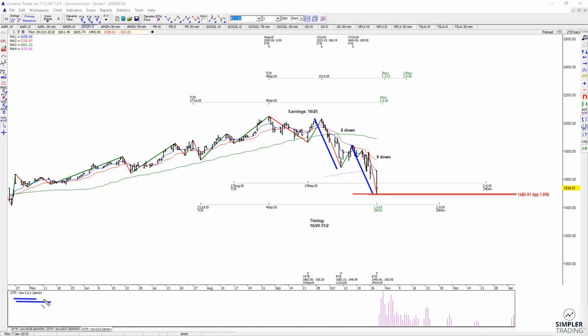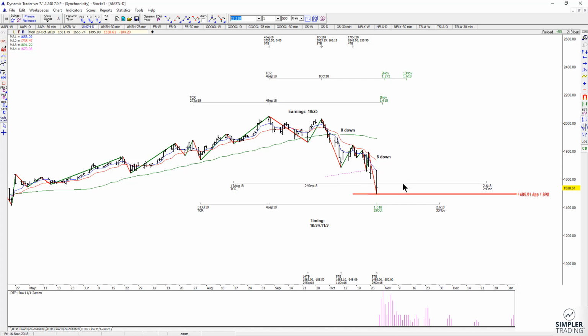There's also the timing histogram that comes in November 1st, 2nd, with the calendar day projections, and then we also have the trading day projections that give us the time period of October 29th through November 2nd to watch for a possible intermediate low. Okay, now does that mean it's definitely going to happen? No, but the odds are higher than they would typically be because we do have this cluster of timing cycles.